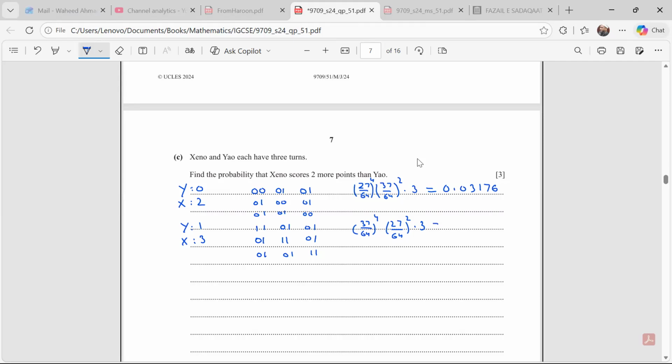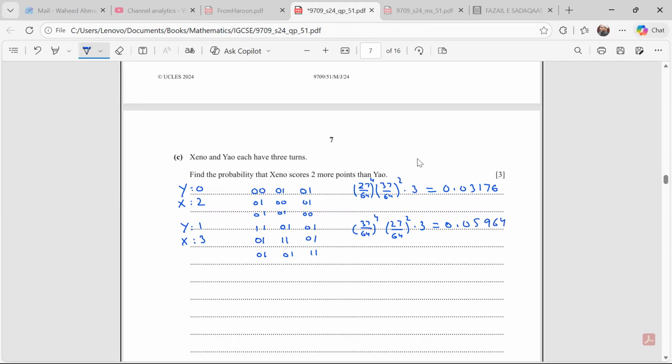For the other event, (27/64) to the power 2 and (37/64) to the power 4, which comes out to be 0.05964.